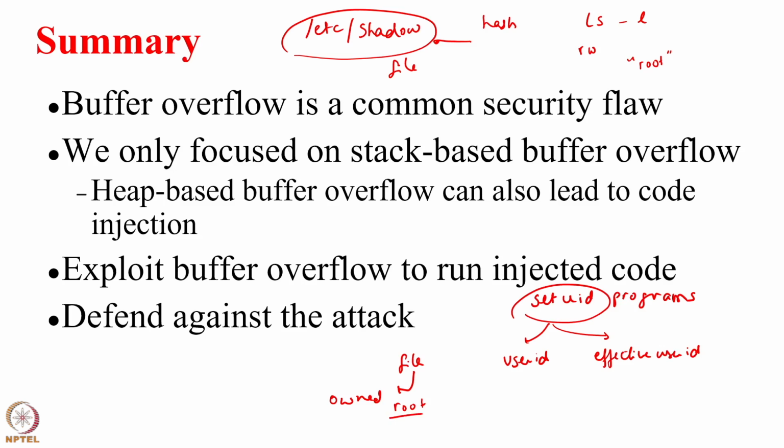So, what happens is when you execute other programs which are not setuid programs, the user ID will be the same as the effective user ID. Whereas, for setuid programs, the effective user ID will be the owner of the file, and if the owner happens to be root, the effective user ID will be root, whereas the user ID will be whoever is running the program.